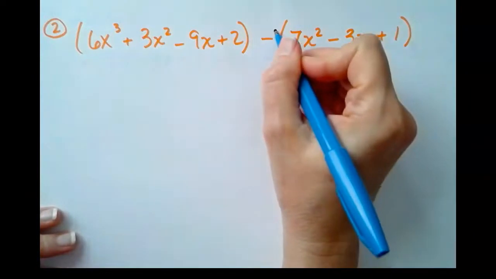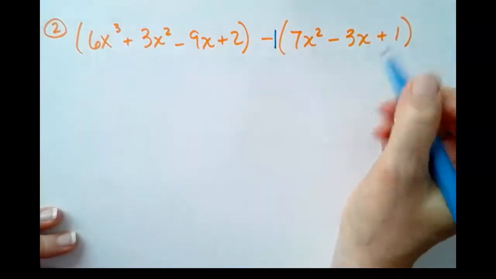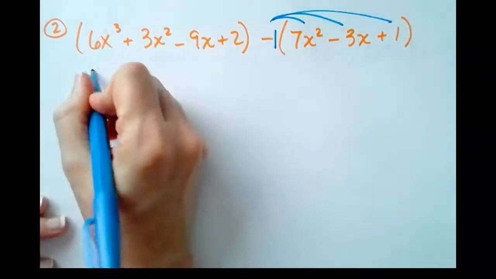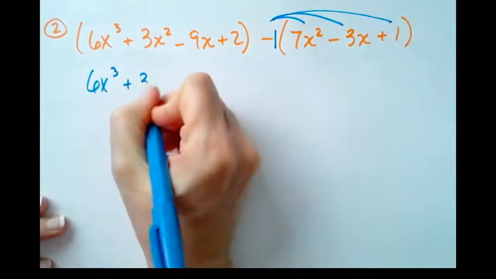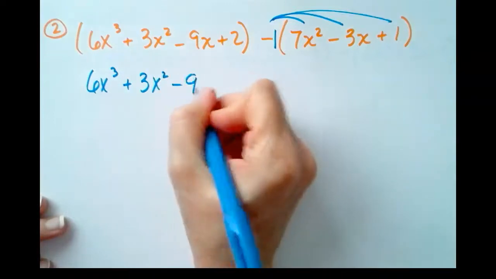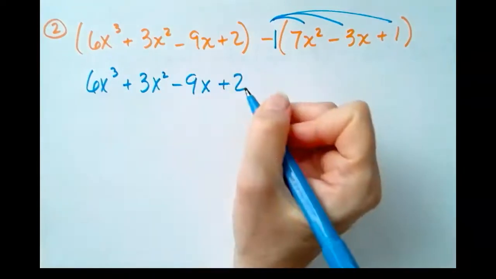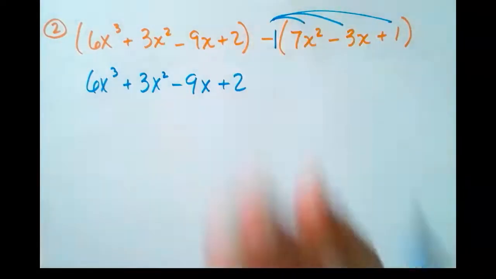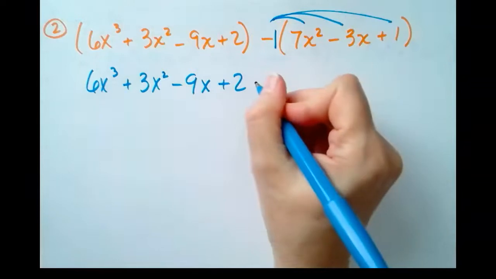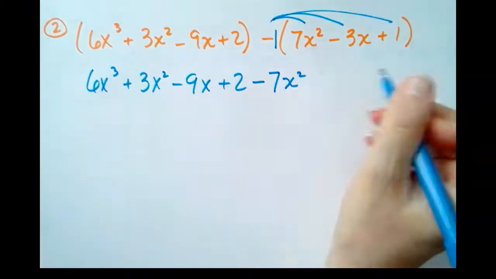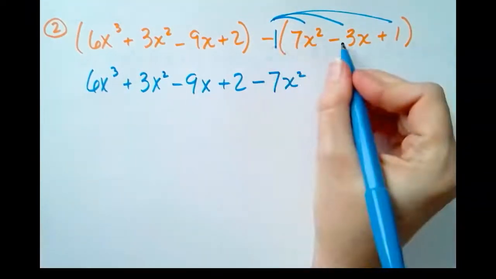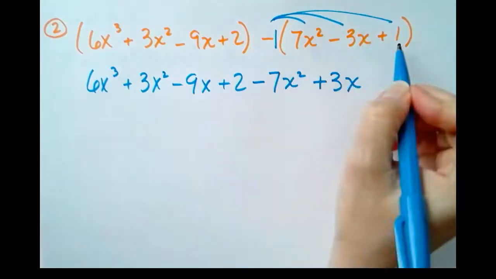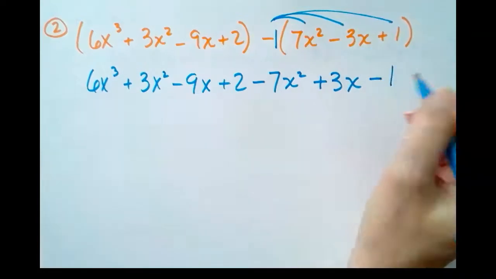Once again, I've got a negative 1 that's in front of those parentheses. It must be distributed. So my new and improved problem, 6x cubed plus 3x squared minus 9x plus 2. Now take the negative 1 through using the distributive property, following order of operations: negative 7x squared, negative 1 times negative 3x plus 3x, negative 1 times positive 1, negative 1.